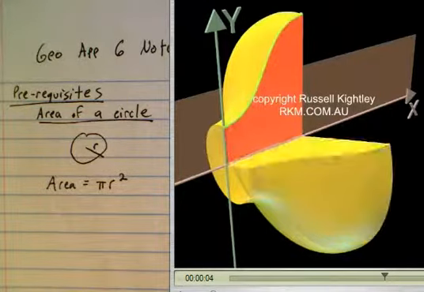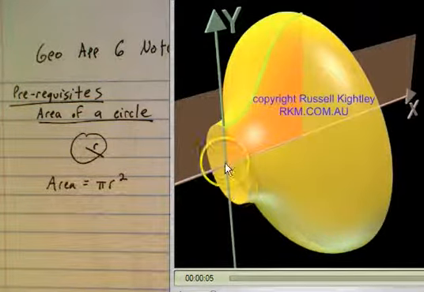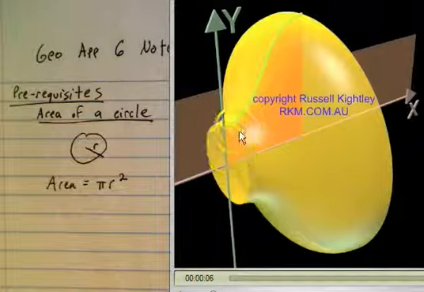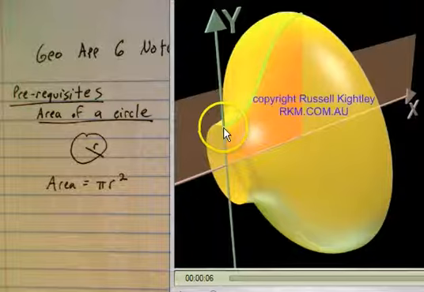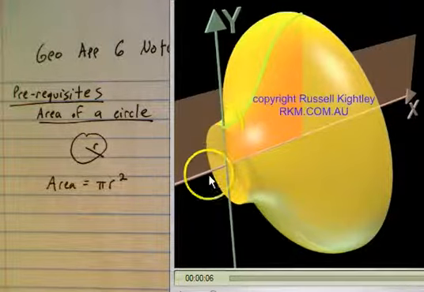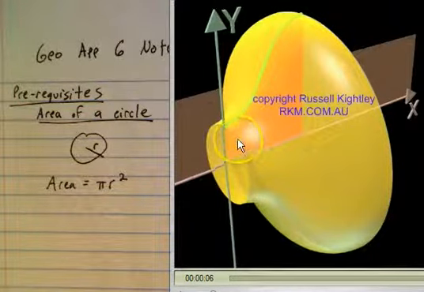So if we continue that all the way around, you can see that this red area that's under here, a sample rectangle from the x-axis up to the curve, has formed this radius going all the way around right here.